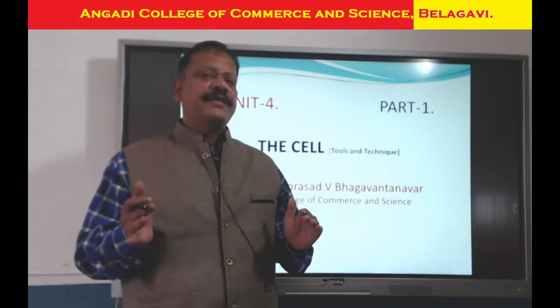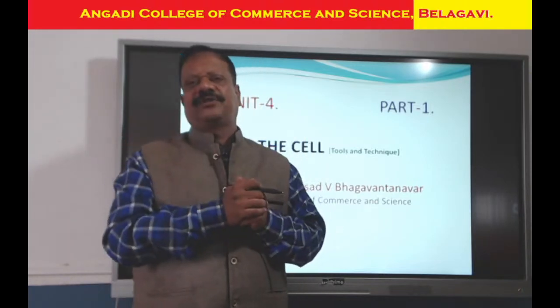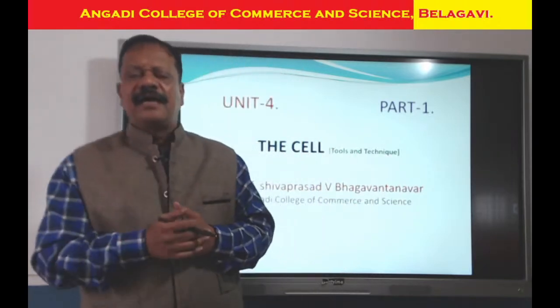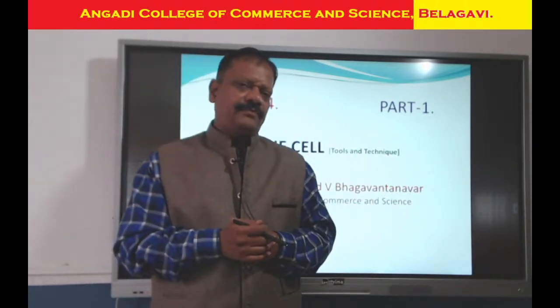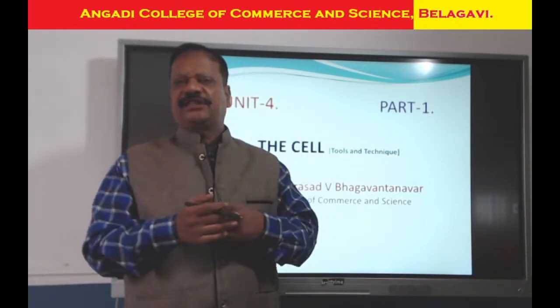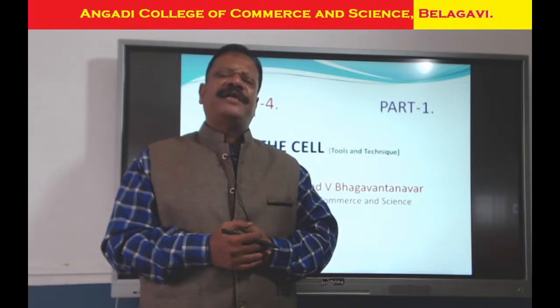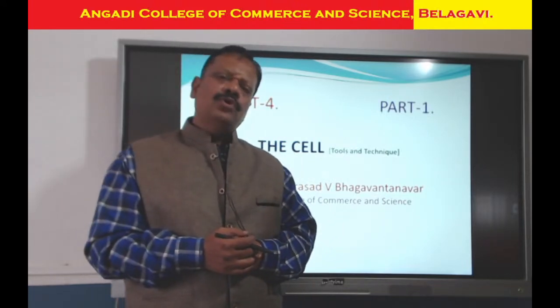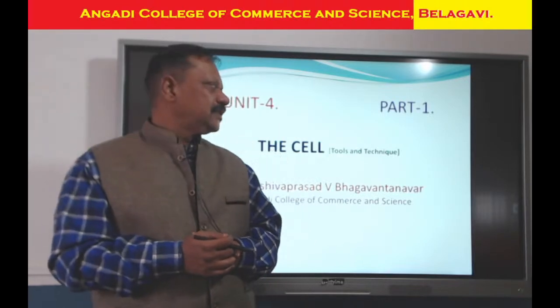In this way, you observe the differences. We also discussed plant cells and animal cells in earlier clips. There we observed and studied the differences, so I am not repeating the same thing. Here we'll move on to the questions.